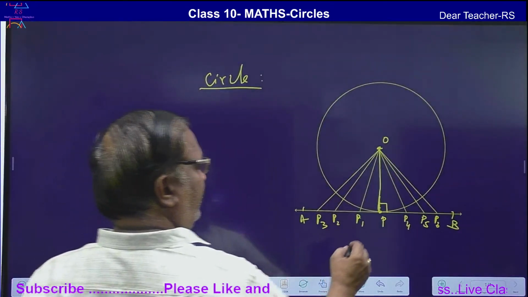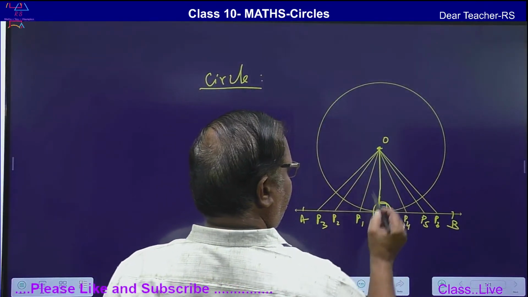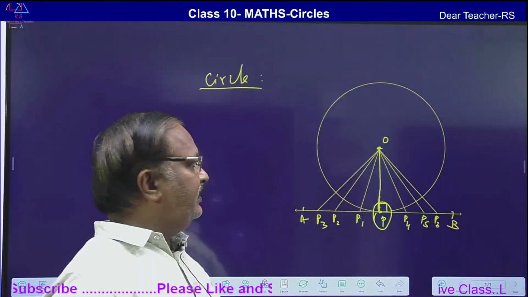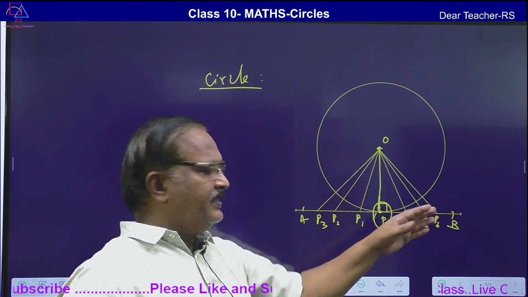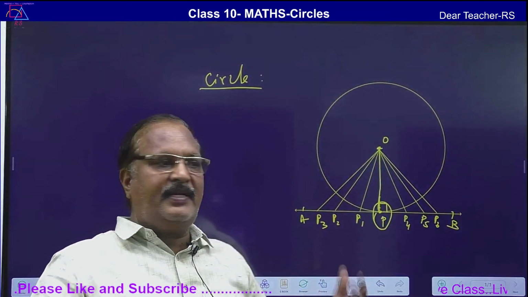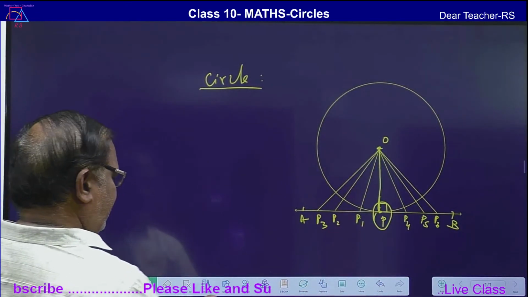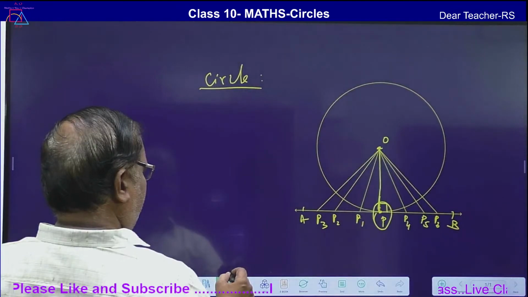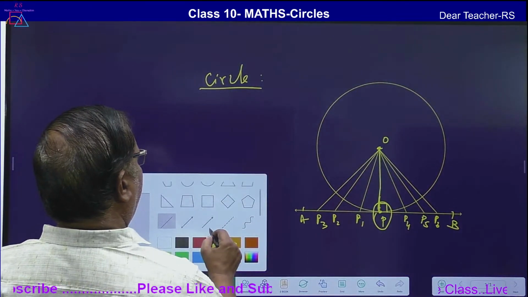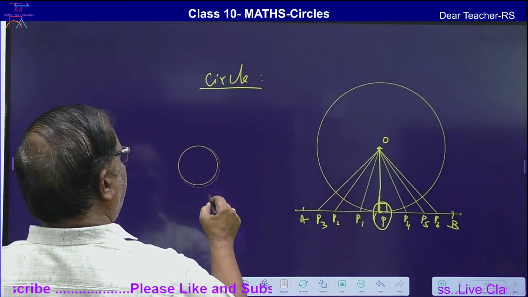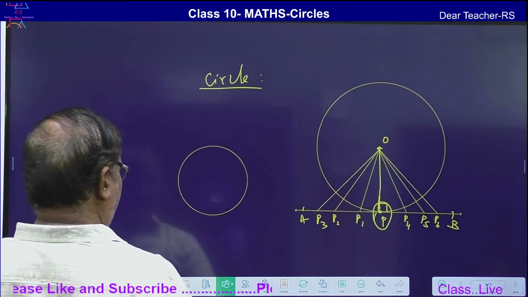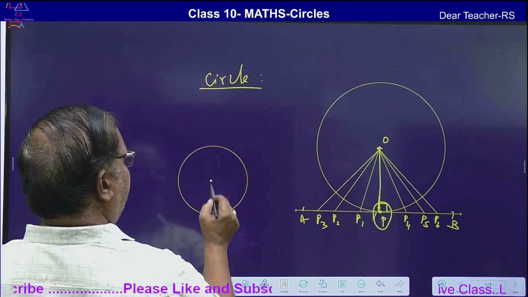Okay. Only this point is there on the circle. Okay. All the P1, P2, P3, P4, P5, P6, they are outside the circle. They are outside the circle. So then now what happened if it is outside the circle?